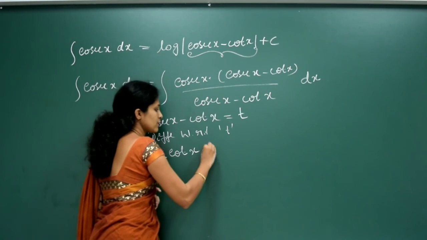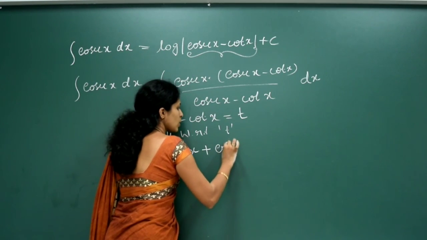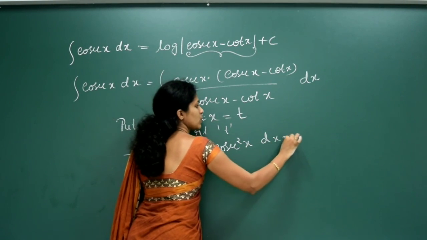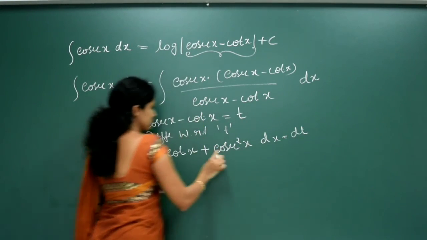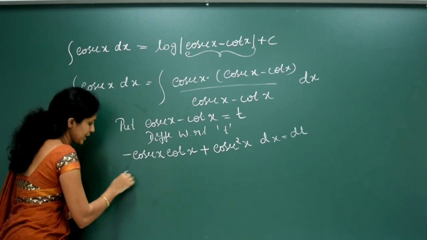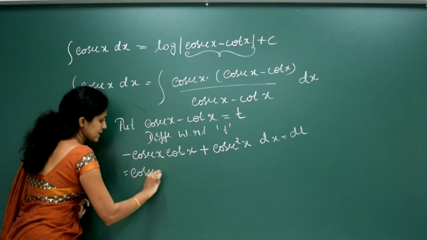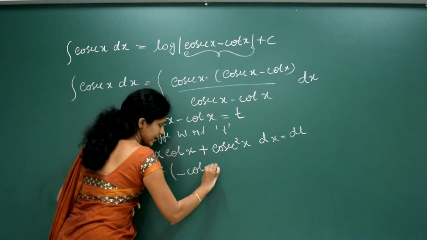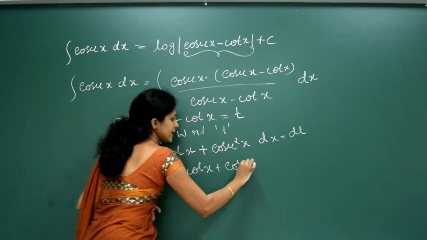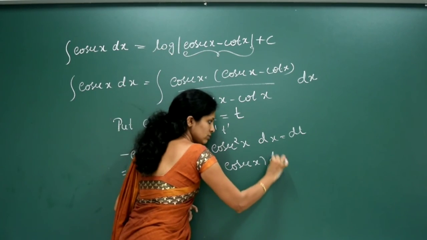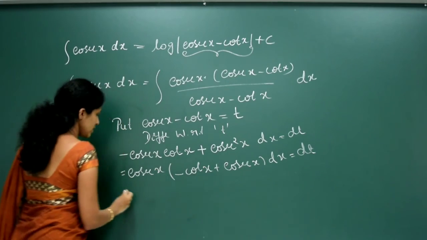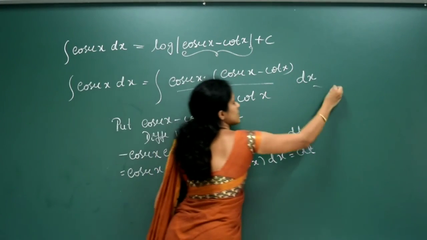So minus into minus will be plus cosecant square x, dx is equal to dt. Here cosecant x is common, we will take it out. If I take cosecant x common, what remains is minus cot x plus cosecant x, dx is equal to dt. So we can give the substitution. I take this as 1.